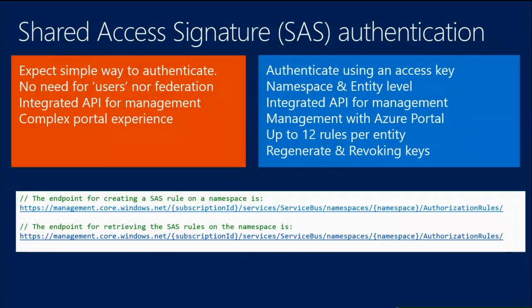We built these two services together, access control and service bus. So service bus has long had this dependency on access control because of history. Access control is great because it gives you an external way to manage federations with other services and also manage identities that you can use against service bus.